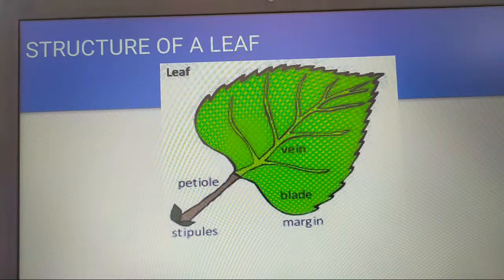And it also provides support to the leaf. So what is the second function of the vein? The veins, along with the midrib, provide shape and support to a leaf.